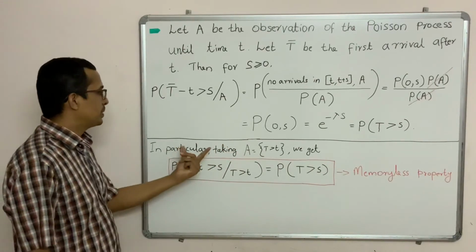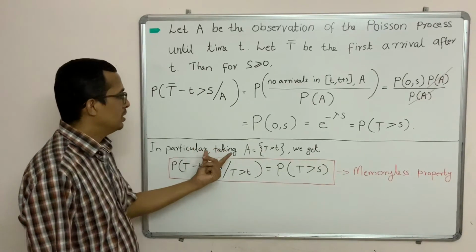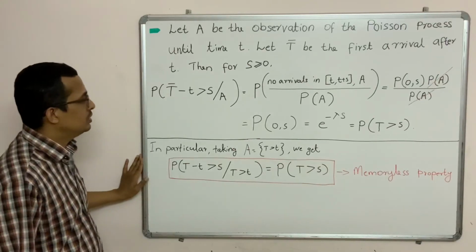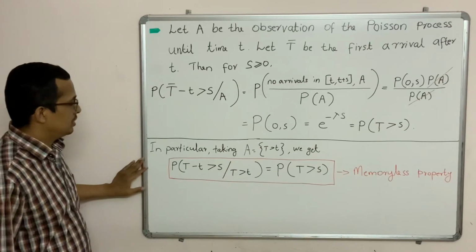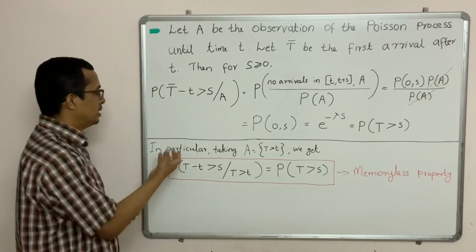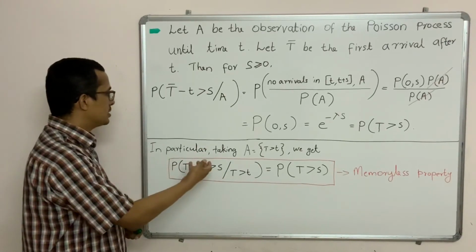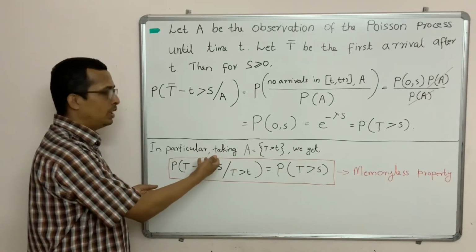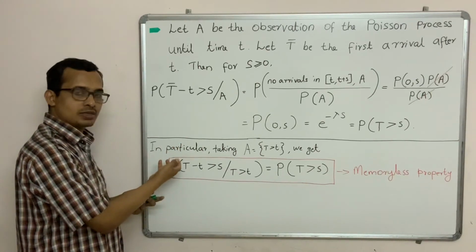So for this conditional probability, use the definition: P of A intersection B by P of B. Note that A intersection B is the event t bar minus t greater than s and our observation up to time t. Because of the independence, A is happening in the interval 0 to t, and the rest is happening in the interval t to t plus s.